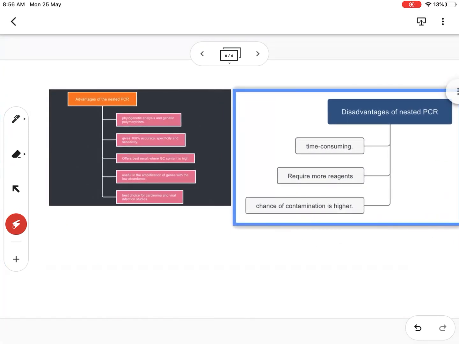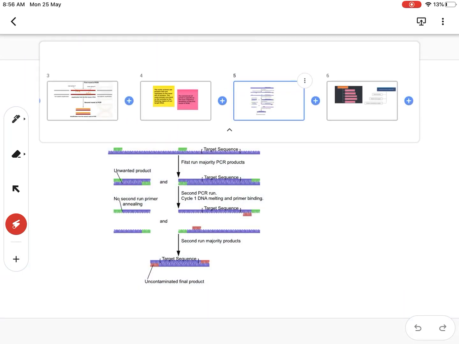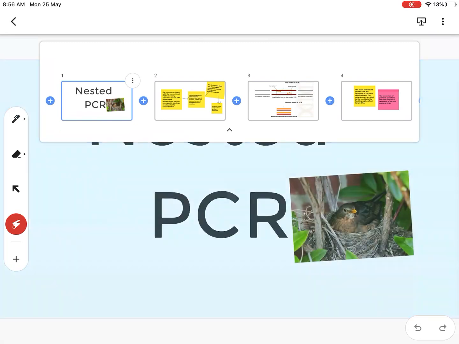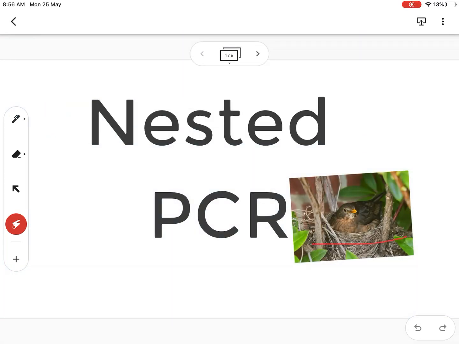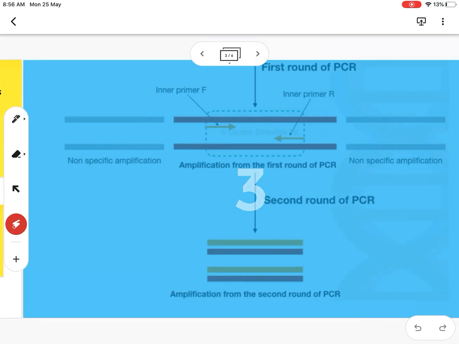Okay, so we have studied the concept of nested PCR. Nested PCR is a modification of the conventional PCR technique to overcome the problem associated with non-specific binding. It involves 2 sets of primer and requires only the addition of an extra set of primer.